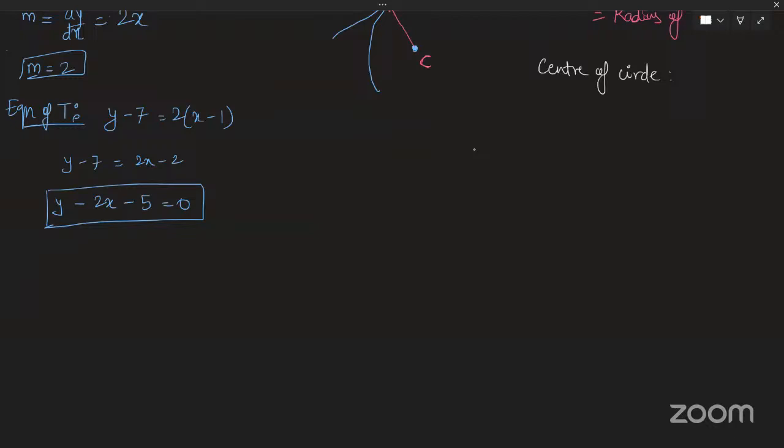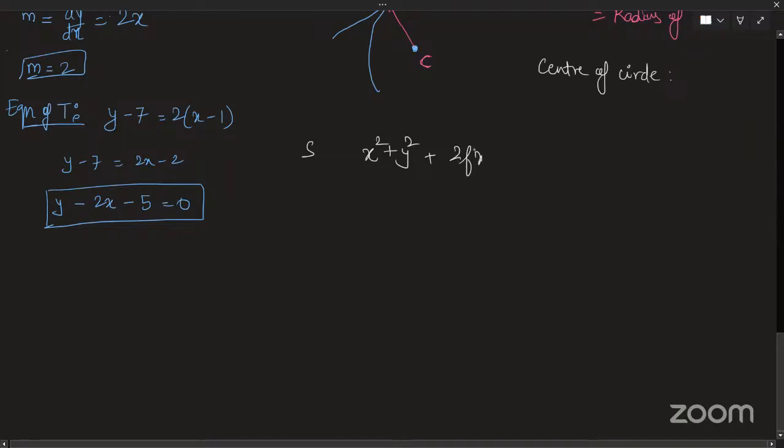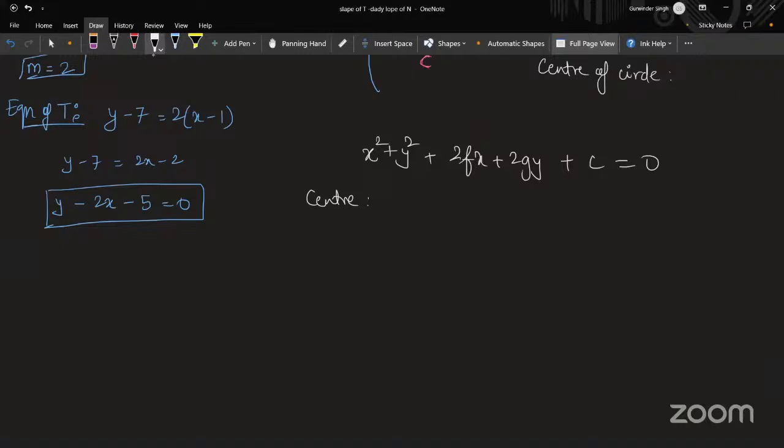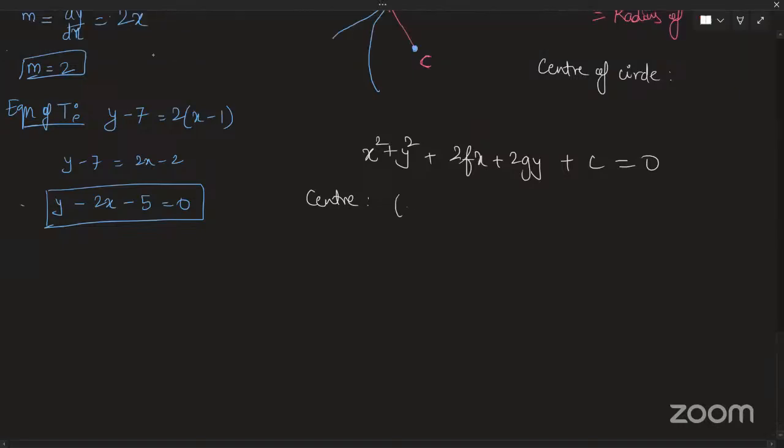See, for example, the standard equation of a circle is x square plus y square plus 2fx plus 2gy plus c is equal to 0, right? So can you tell me what is the center of this circle? It's minus f comma minus g, right?